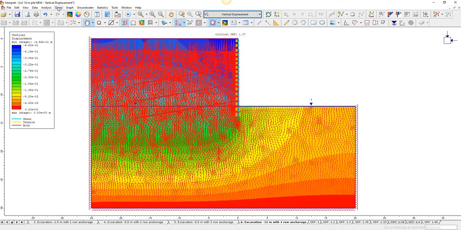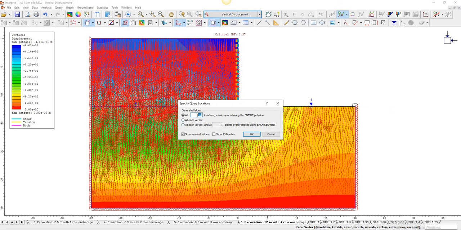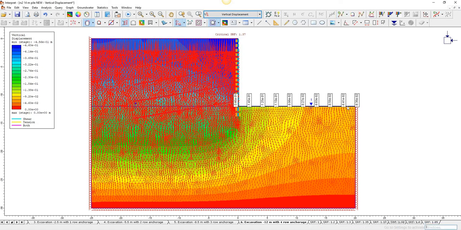So how we could know is also by adding the material query here. You can snap from, for example, this point to this point, and then you can click done, and you can add, for example, 10 locations throughout the polyline, and you can see we have the minus displacement which corresponds to the settlement that occurred to the side.